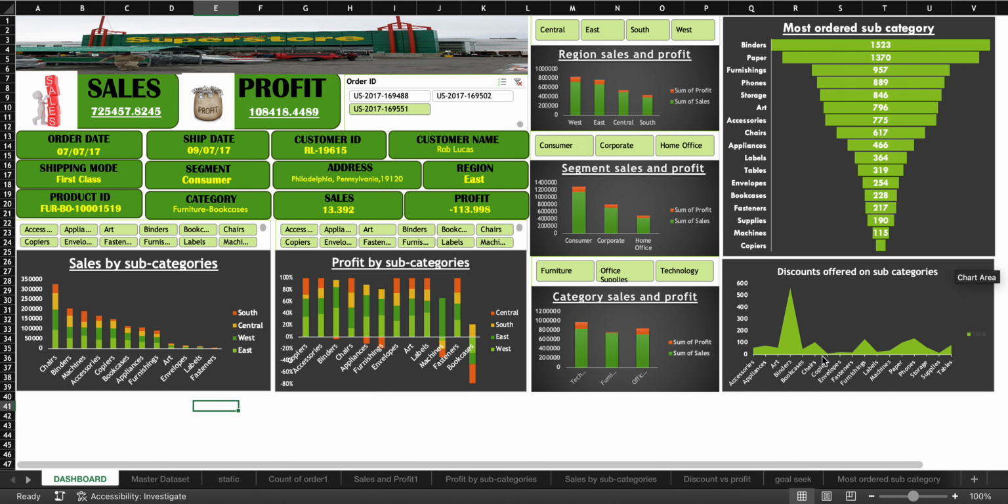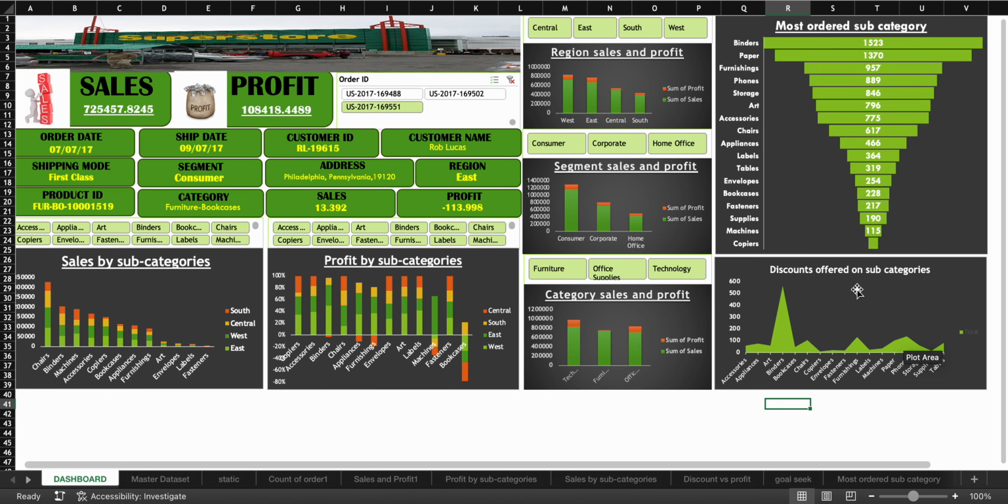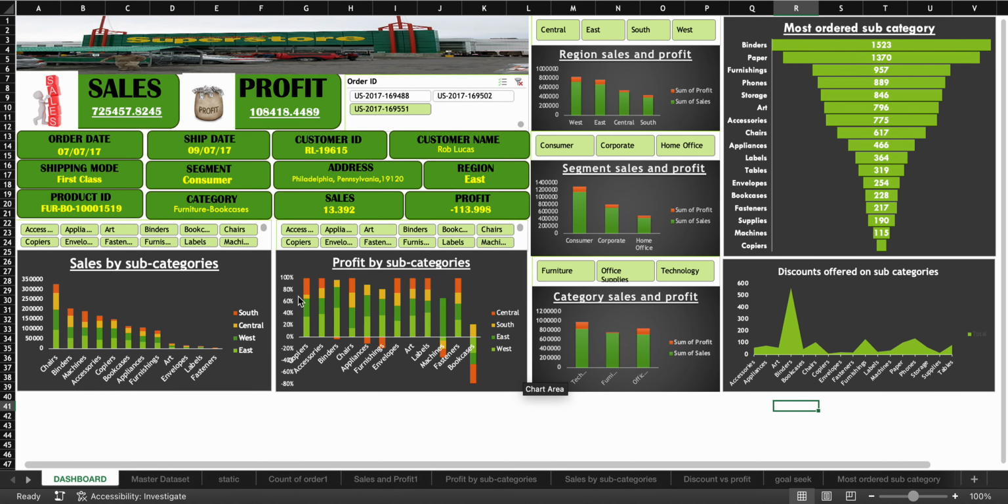On the discounts offered, the company is giving the maximum discount in binders, followed by art or bookcases and phones and storage. So we can get a clear picture about the discounts. The company can do a little bit of up and down in the discounts here to increase the sales and profit at the end.